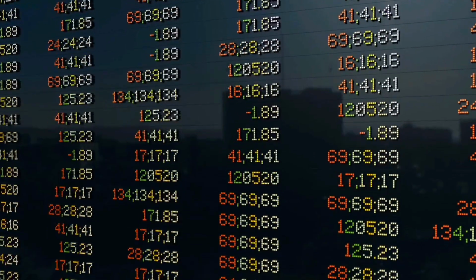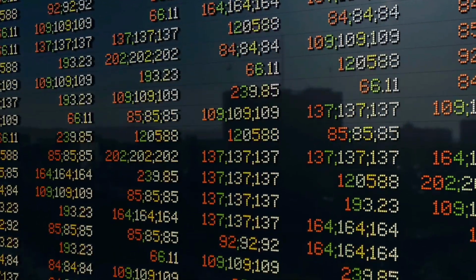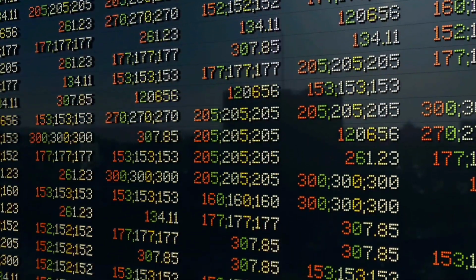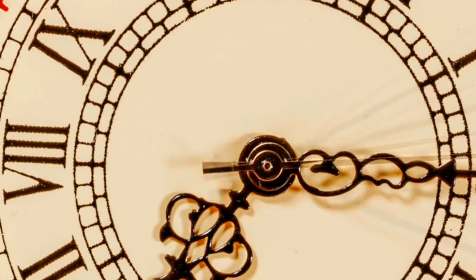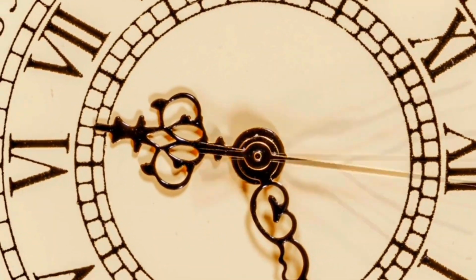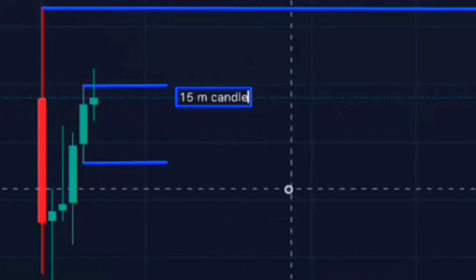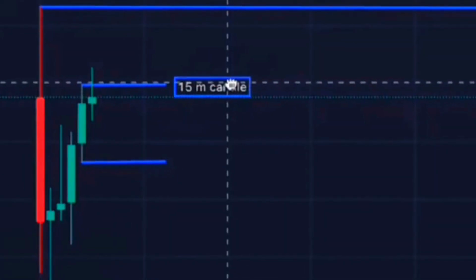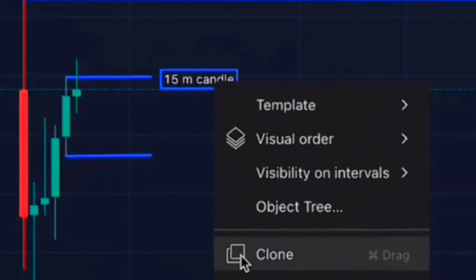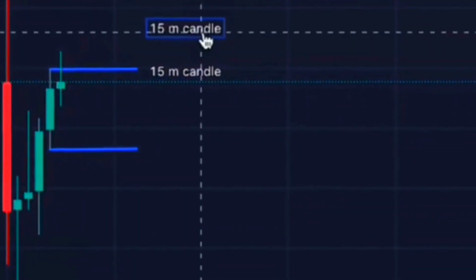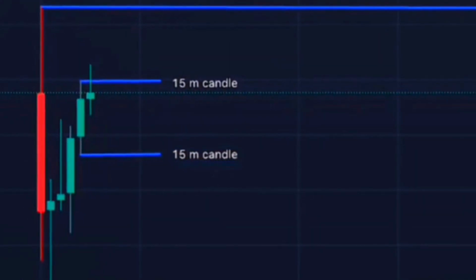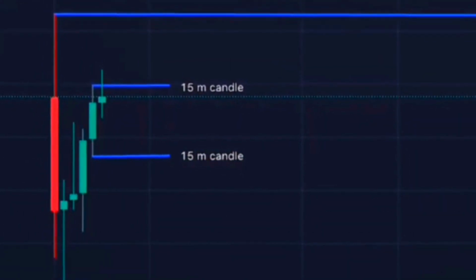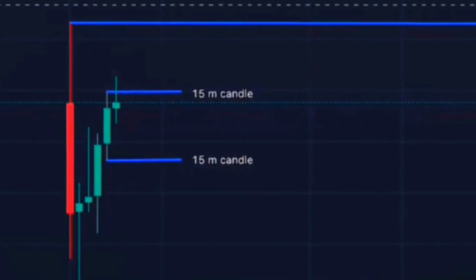Okay, so as you can see here, we have the second candle that was printed inside. Let me write here. This is 15. Okay, that's a 15-minute candle. Okay, this is the 15-minute candle here. This is the 15-minute candle, and we have this one here, and we have this one here.